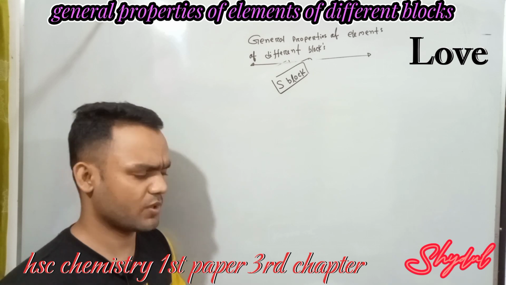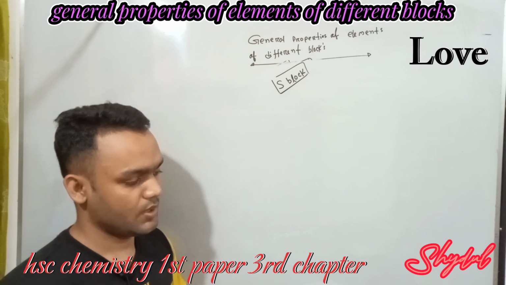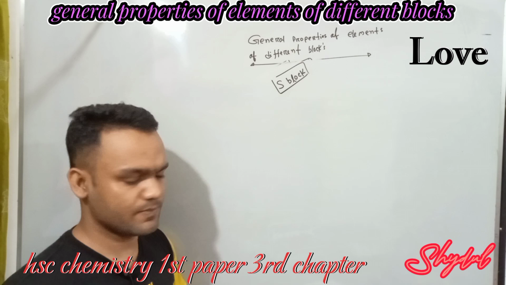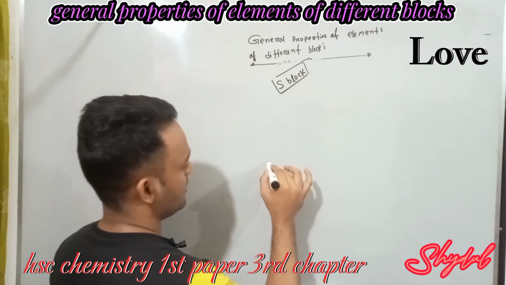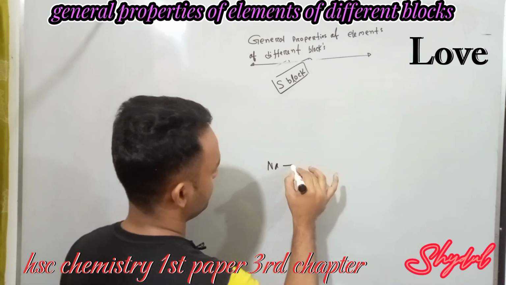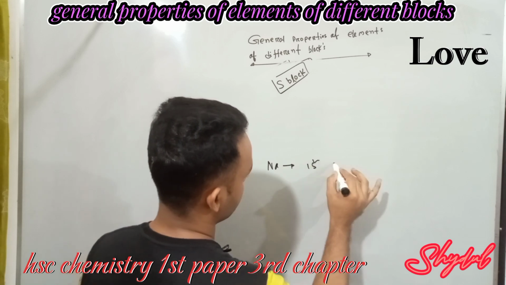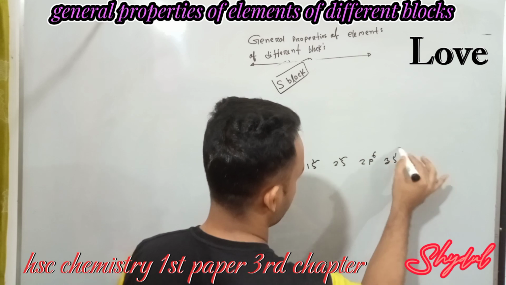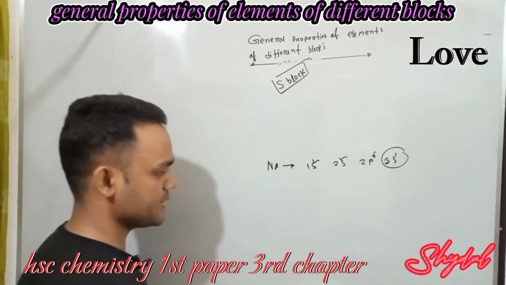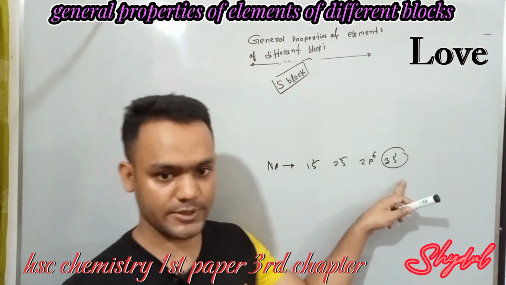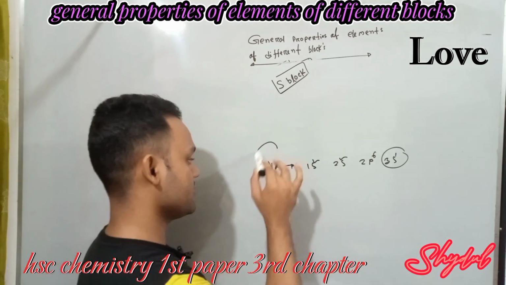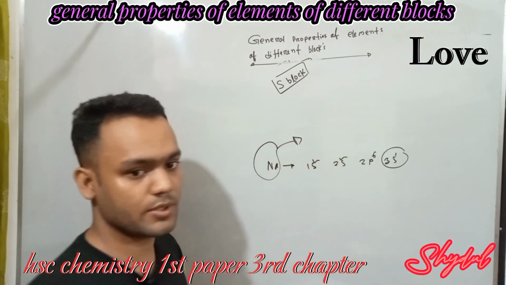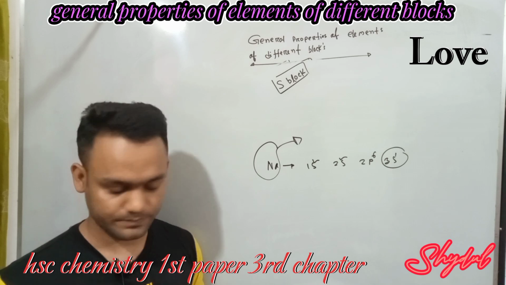For example, sodium is 1s2, 2s2, 2p6, 3s1. The last electron enters the s orbital, so sodium is an s block element.